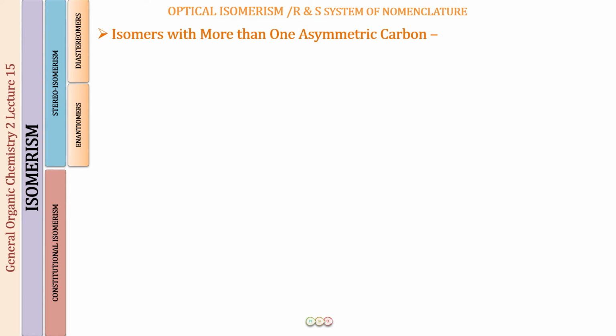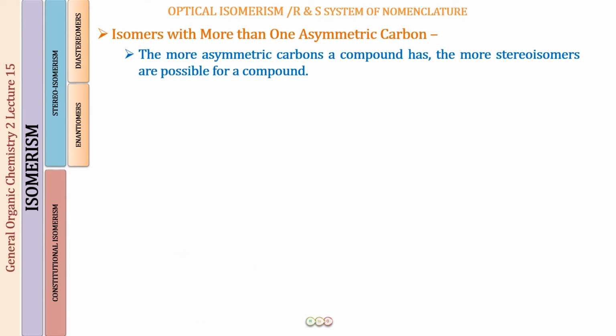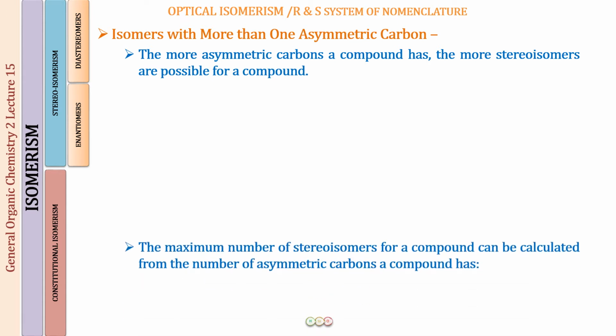Now the next thing: when we had one chirality center, you have seen that we have one compound which has a mirror image compound. Both are non-superimposable and form a pair of enantiomers, right? But when we have more than one asymmetric carbon, more than one chirality center, the number of stereoisomers possible for the compound becomes more.